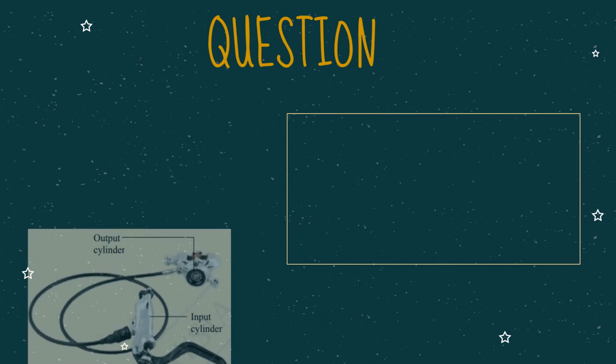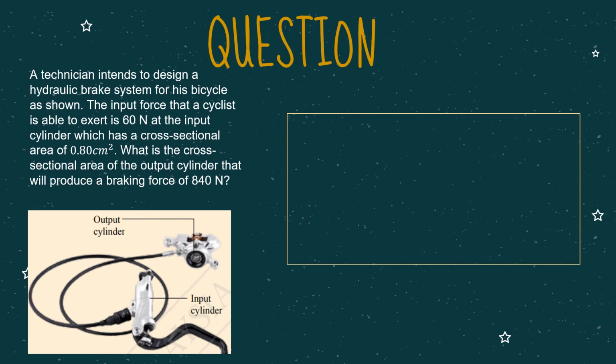Alright, the next question is, a technician intends to design a hydraulic brake system for his bicycle as shown. The input force that a cyclist is able to exert is 60 Newton at the input cylinder, which has a cross-sectional area of 0.80 cm².